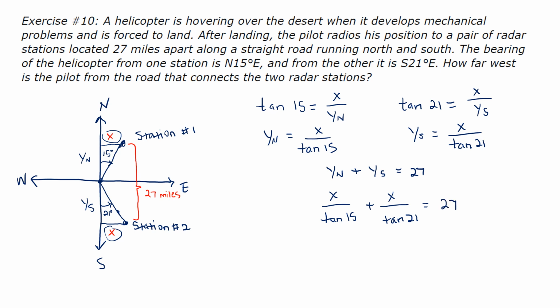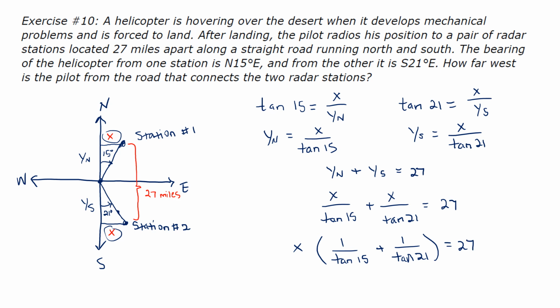Now I can rearrange this problem so that I can get x all by itself. So on the left-hand side, let's factor out x. That will get me x times the quantity 1 over the tan of 15 plus 1 over the tan of 21.